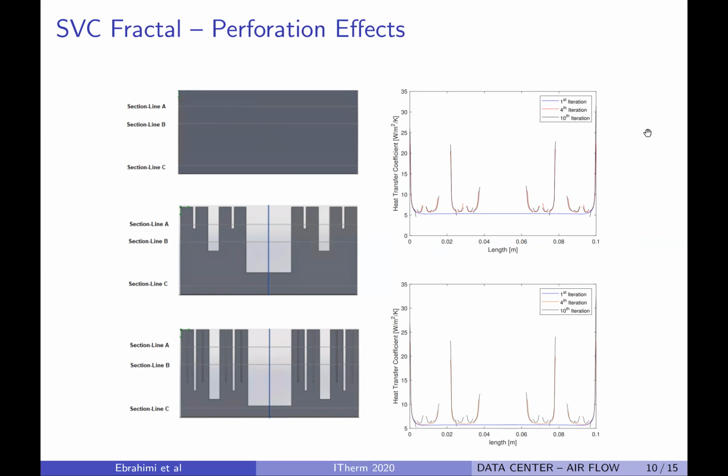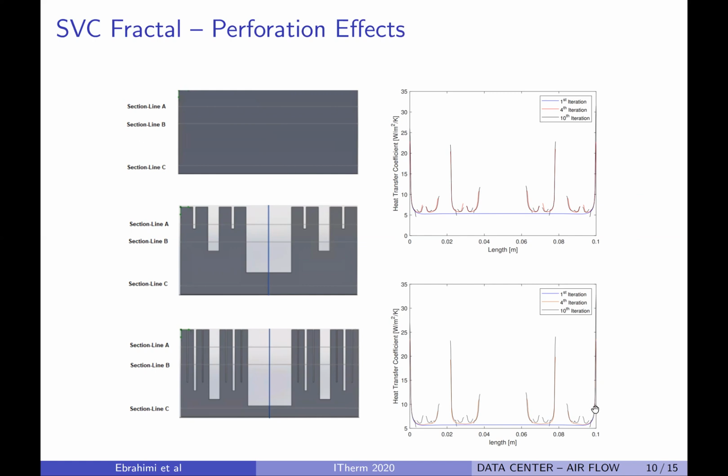So in the top right, you see the heat transfer coefficient along the section line A. As you see, at the edge of the perforations, the heat transfer coefficient is very high. And the average heat transfer coefficient for the 4th and 10th iteration is about 7 to 10% higher than the baseline case, which is the traditional rectangular fin.